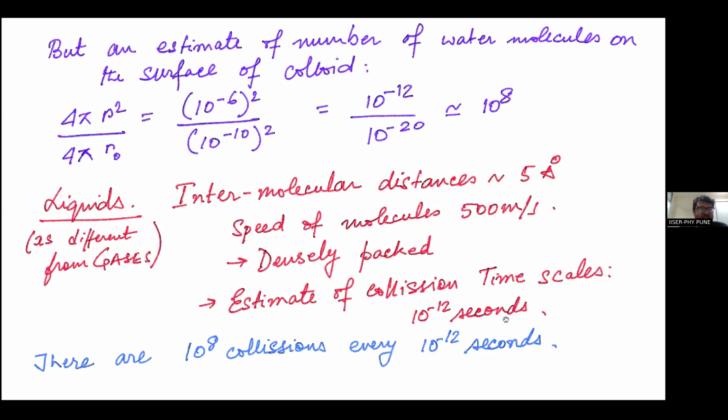So each particle is colliding with the Brownian particle once every 10 to the minus 12 seconds, right? There are around 10 to the power 8 particles. Maybe half of them are moving away from the colloidal particle and half are moving towards it. So half of 10 to the power 8 collisions every 10 to the minus 12 seconds.